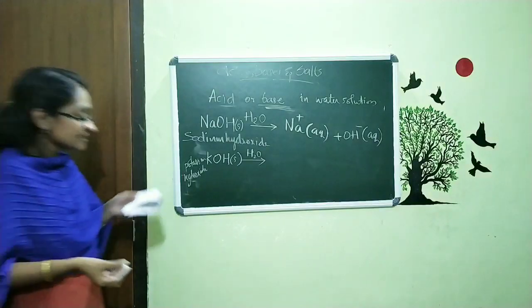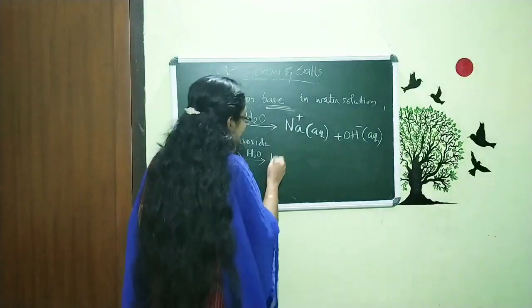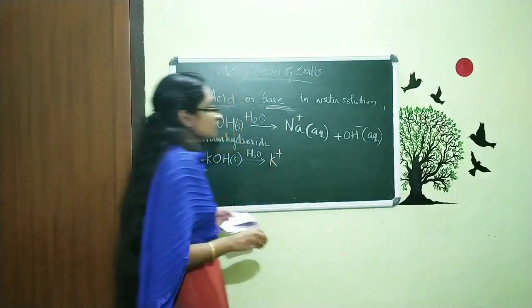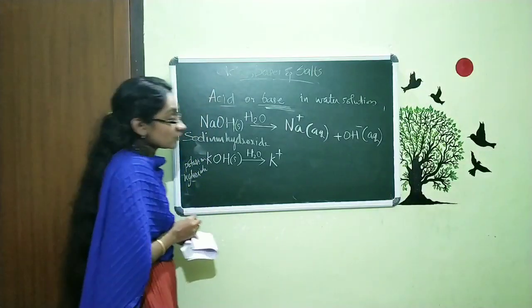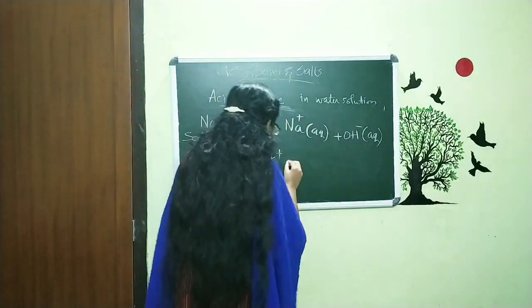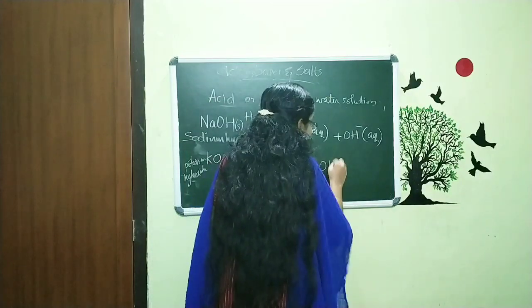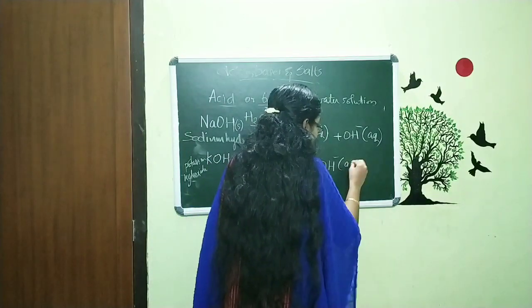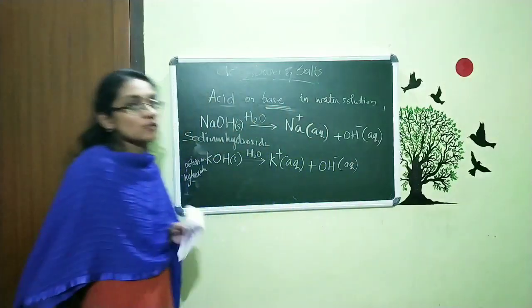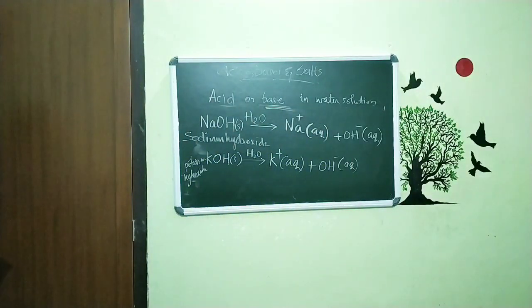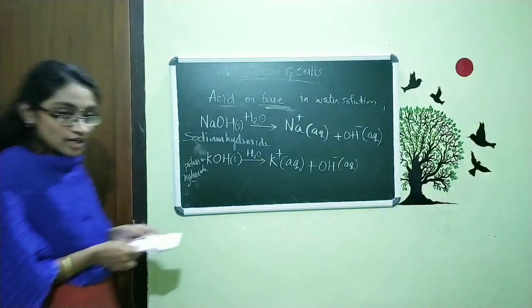What product do we get? We get K plus, the positive ion of potassium, in aqueous state, plus OH minus, also in aqueous form. These are the products we get when potassium hydroxide is mixed with water.